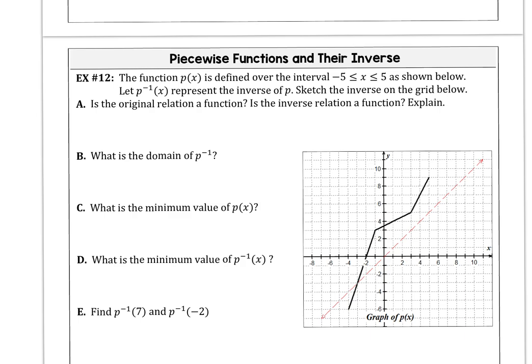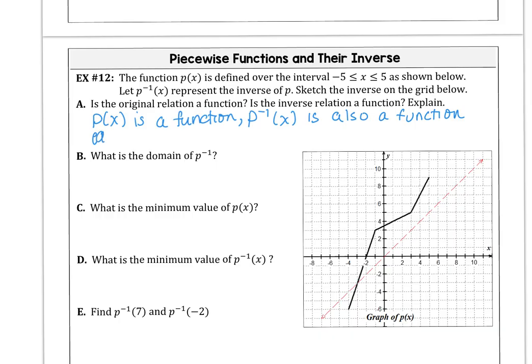Well, they've told us that p of x is a function, so we know p of x is a function. And if you look at the graph, we're going to know that p inverse of x is also a function, because we can say that each element of the range of p of x maps to a unique element of the domain of p of x.